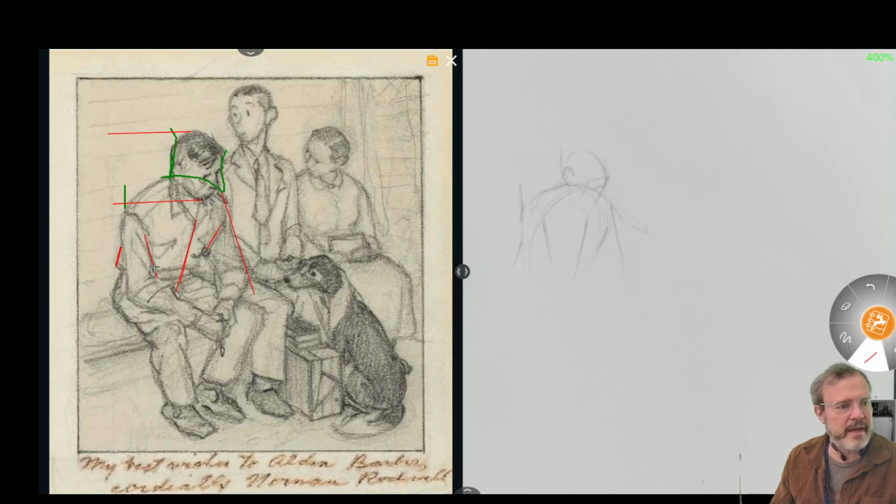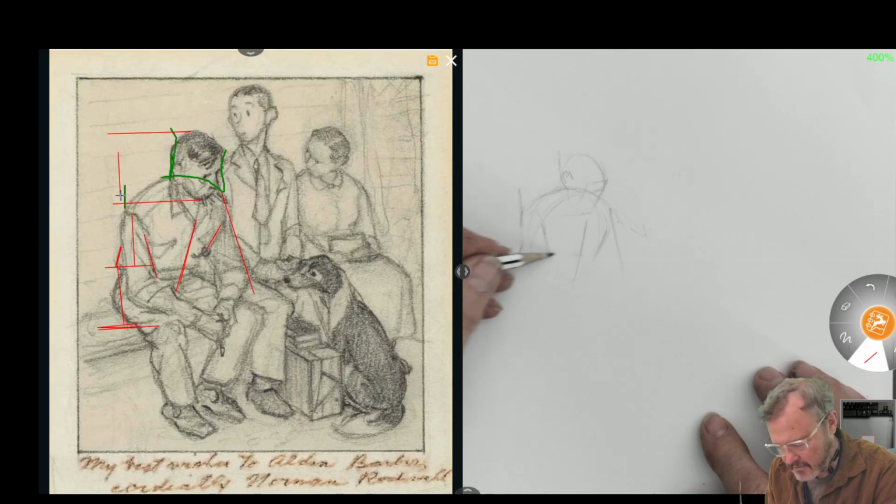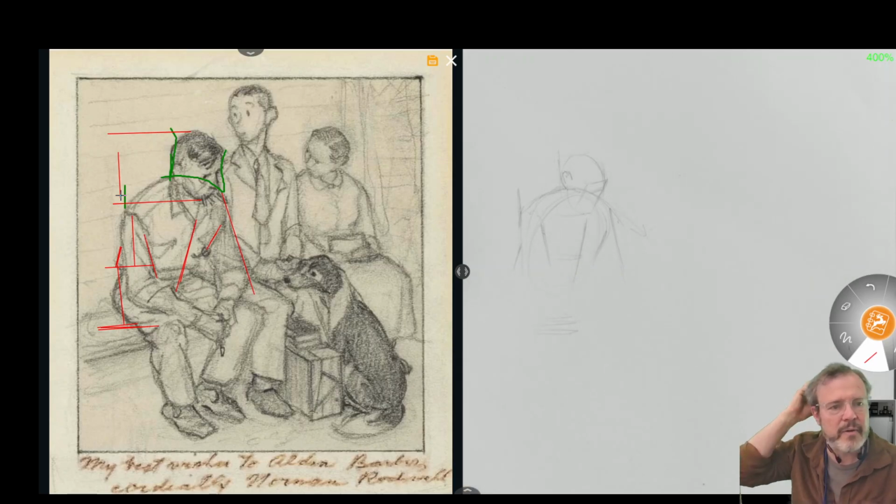So there's a head, two heads, and three heads gets us all the way down to his knee, basically. You see that? 1, 2, 3. So we've got a head, two heads, third head takes us below his seat all the way to his knee.